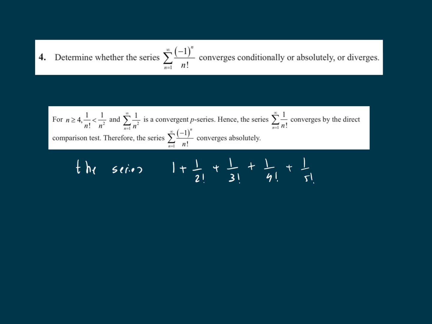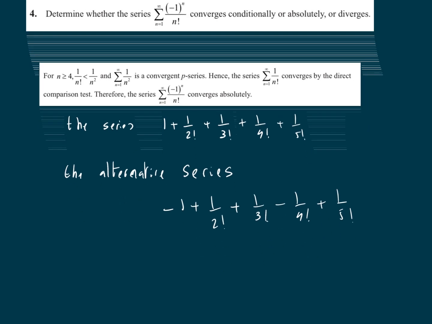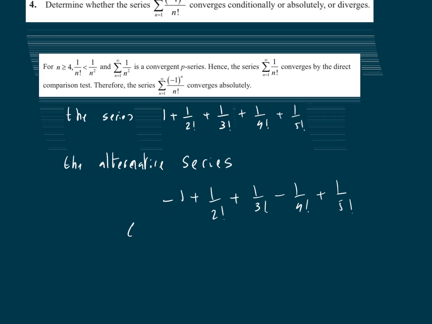So this series converges. The alternating series we have seen in the previous example, minus 1 plus 1 divided by 2 factorial plus 1 divided by 3 factorial minus 1 divided by 4 factorial plus 1 divided by 5 factorial, converges.